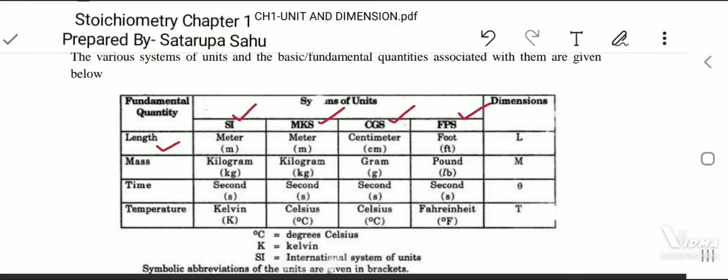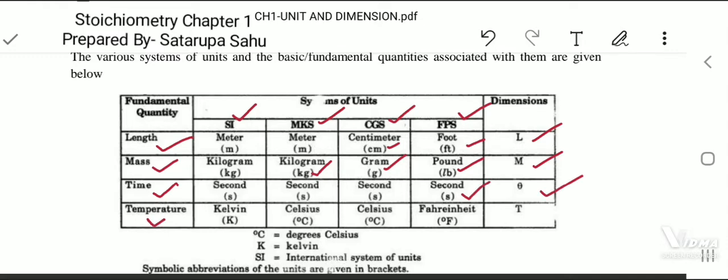For length, the unit for SI is meter, for MKS it's meter, for CGS it's centimeter, for FPS it's foot, and the dimension of length is L. Whereas for mass, the unit for SI and MKS is kg, for CGS it's gram and FPS is pound, and the dimension is M. Similarly for time, all the units are second, and the dimension is theta.